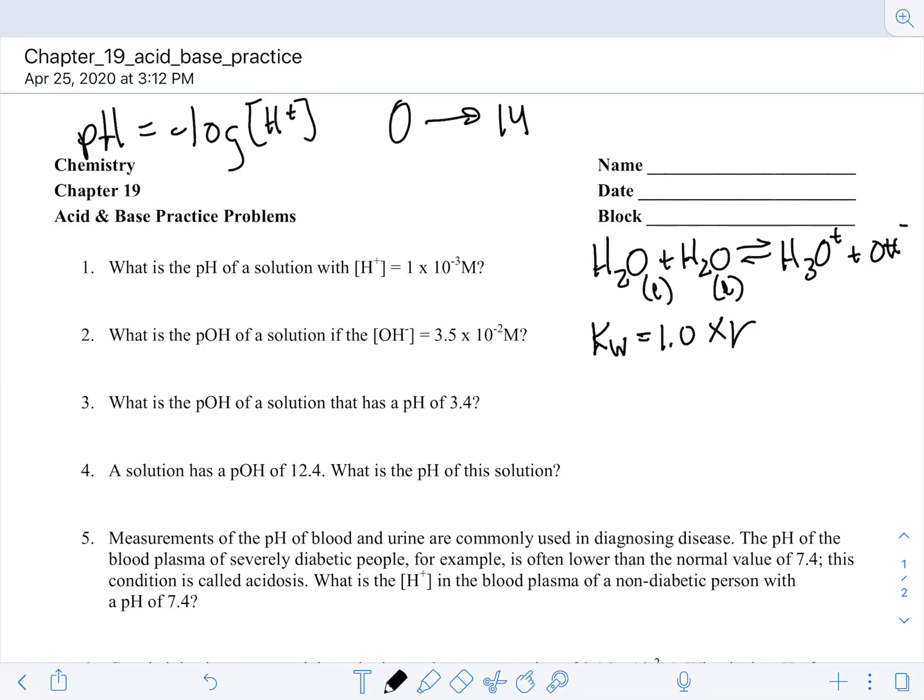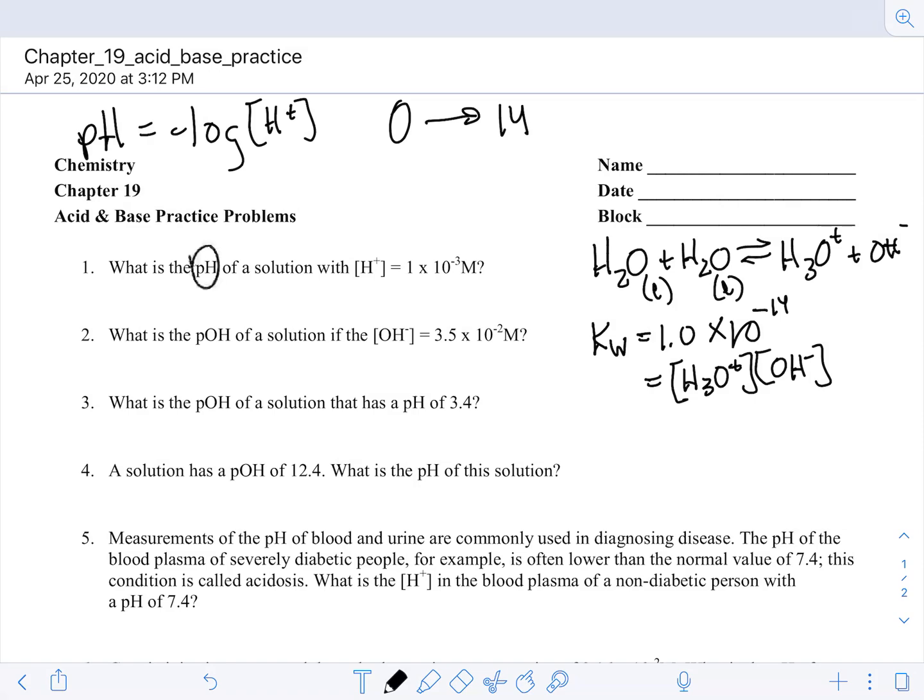So it is 1 times 10 to the negative 14th. Now, because the pure liquid doesn't show up in the ionization or the equilibrium expression, we say that it's H3O+ times hydroxide. And we're going to use this relationship for pH and pOH.